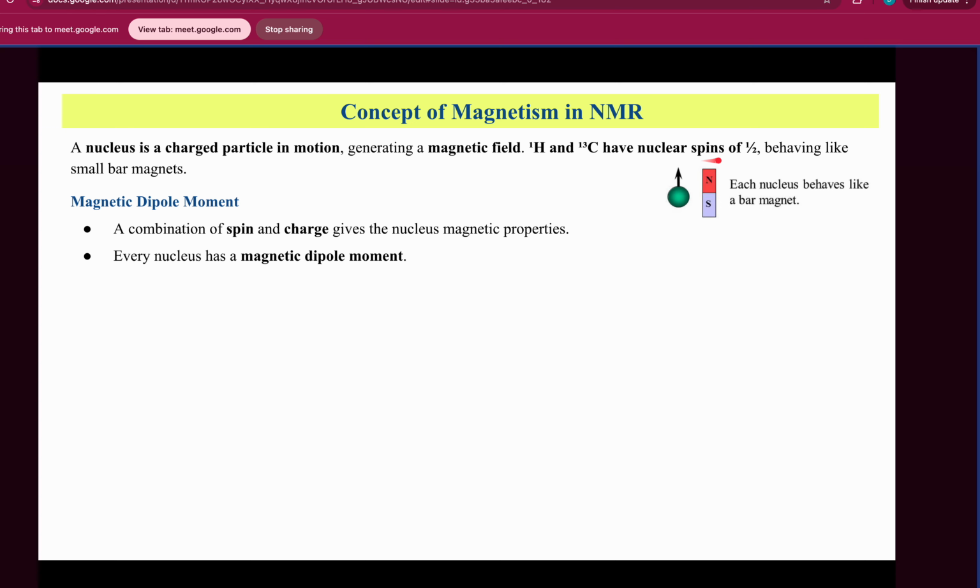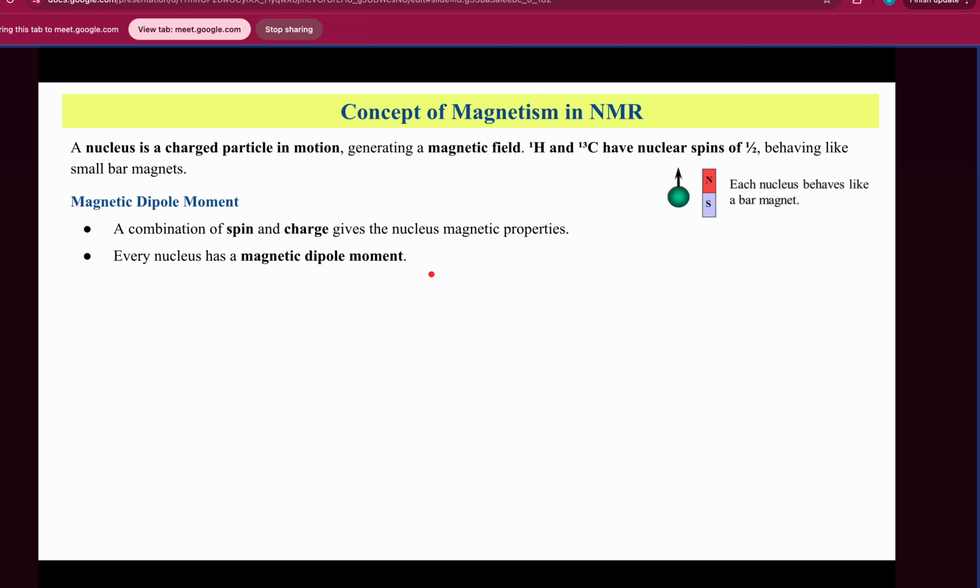H1 and C13 have nuclear spin of half, behaving like small bar magnets. As we can see in a bar magnet, we have a north pole and a south pole. Similarly, these small nuclear spins also arrange themselves in such a way that they generate a magnetic dipole. So the magnetic dipole moment, a combination of spin and charge, gives the nucleus magnetic properties.